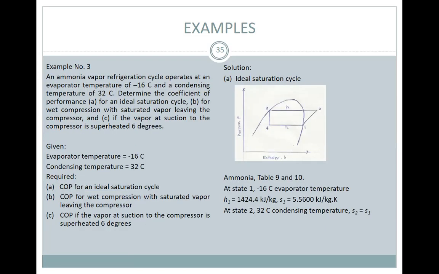Example number 3. An ammonia vapor compression refrigeration cycle operates at an evaporator temperature of negative 16 C and a condensing temperature of 32 C. Determine the coefficient of performance. A, for an ideal saturation cycle.